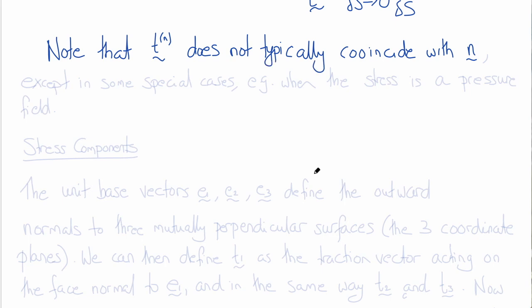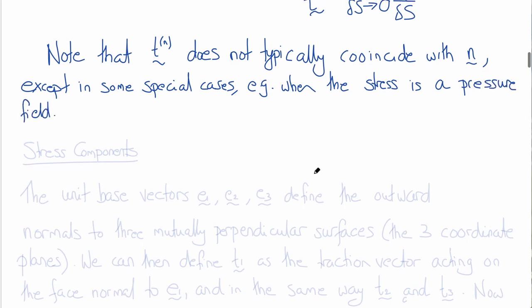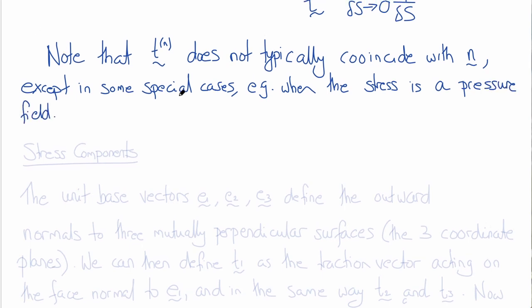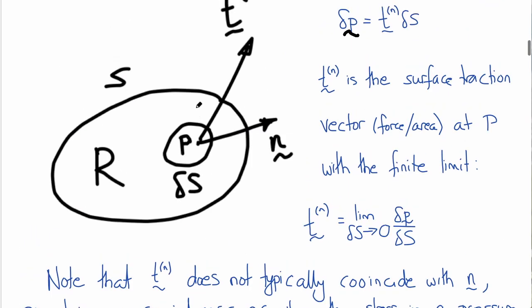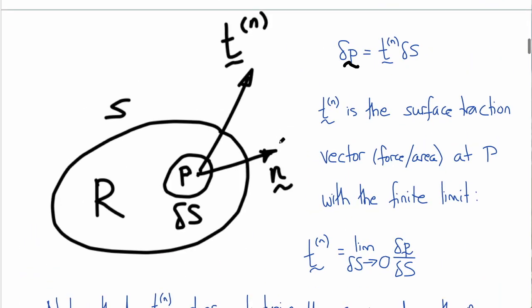Normally a component of the tractions is also tangent to the surface. So T and N don't coincide. There are components of T that are parallel to N, and there are components of T that are tangent to the surface.